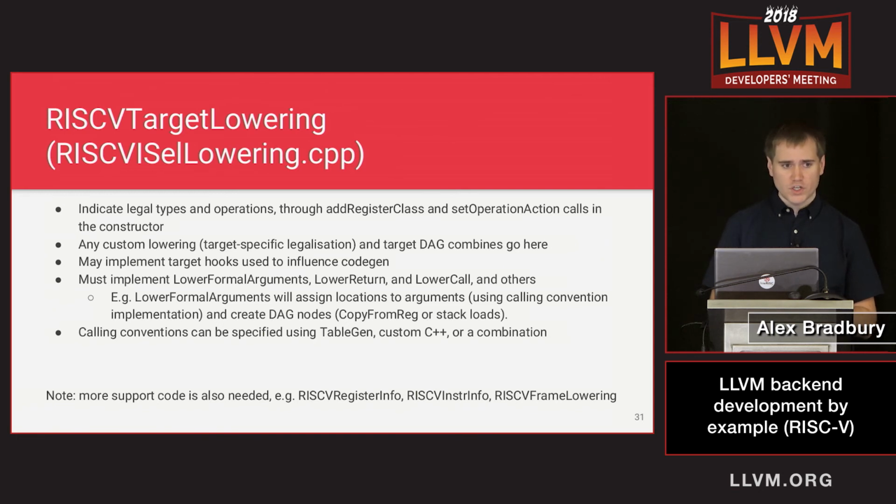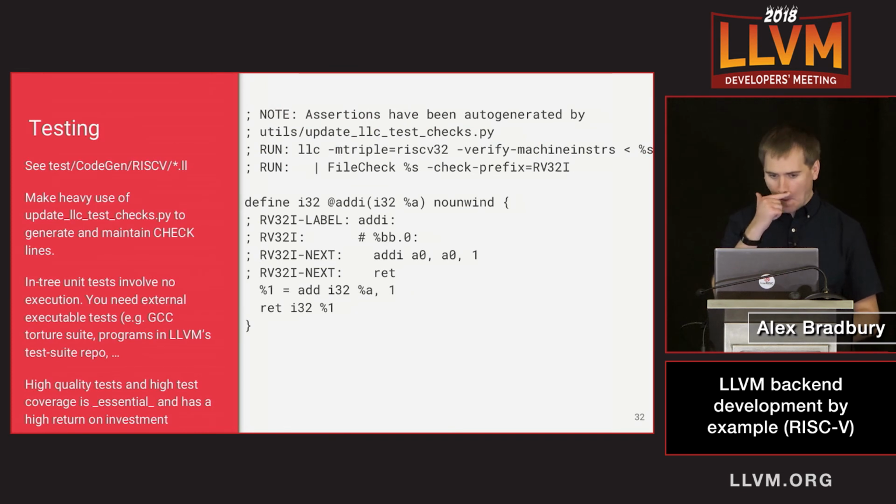So say that your function takes a 64-bit integer as its input, they're responsible for doing the right thing regardless of whether it's passed in, say, a register or a pair of registers or on the stack, or split between registers and the stack, and that has to copy them to a register so that the rest of your lowering code is actually able to access them. And there's also more support code that's needed that we won't go into in any great depth.